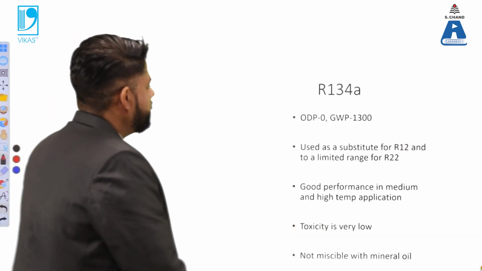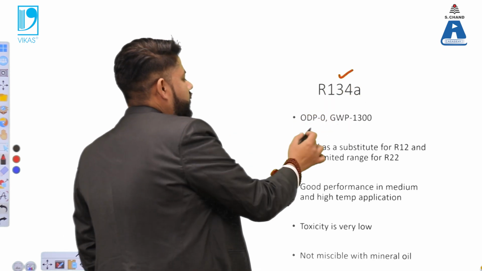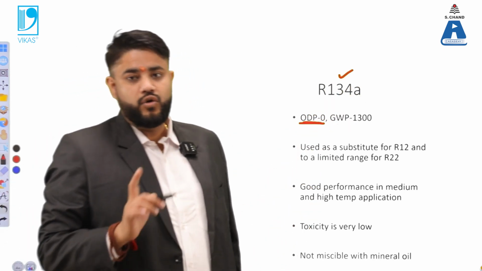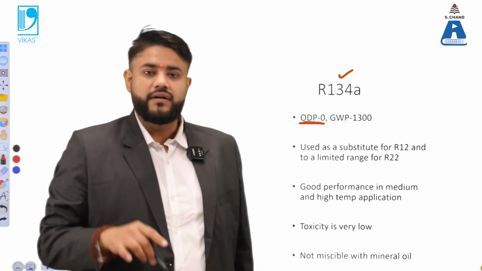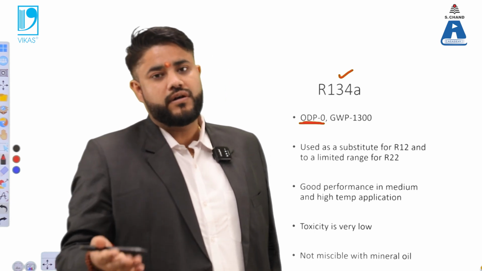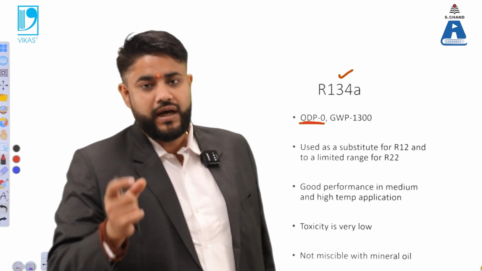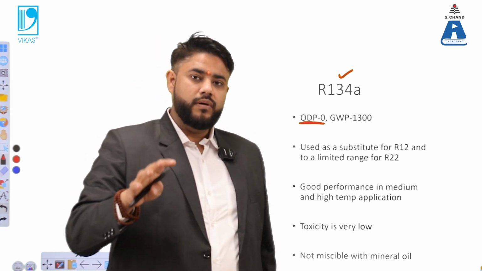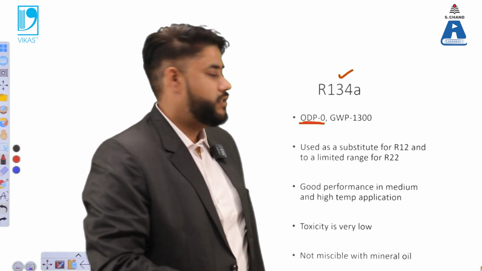Then if we talk about R134A, although it has zero ozone depletion potential, it has a global warming potential value of 1300. That means scientists are continuously in search of an alternative that should have zero ozone depletion potential, and the global warming potential should be as low as possible.